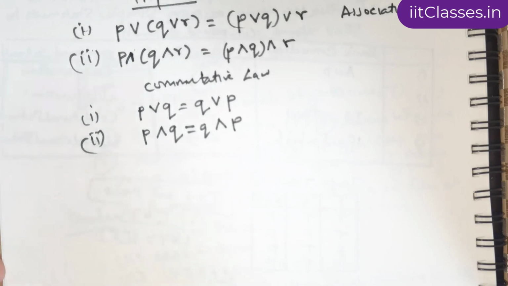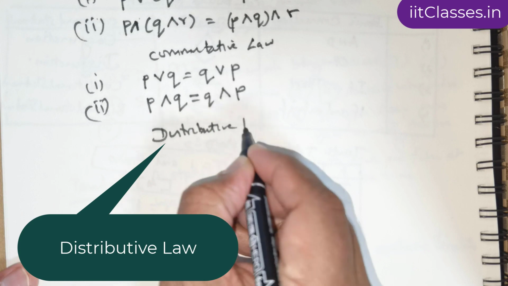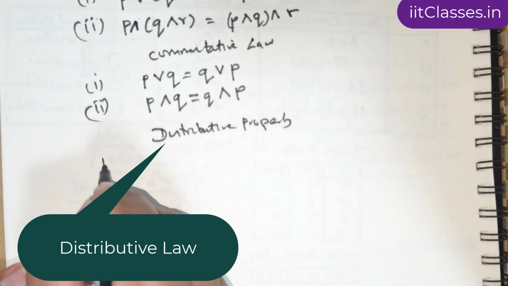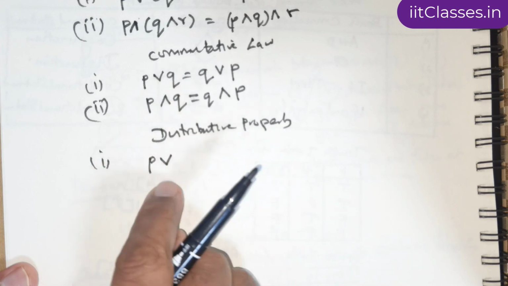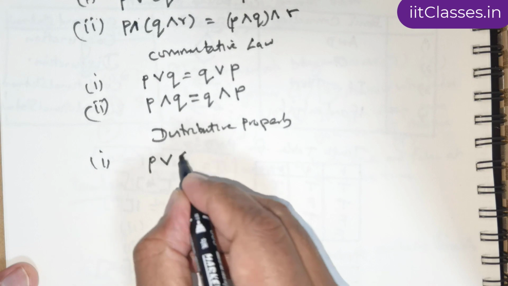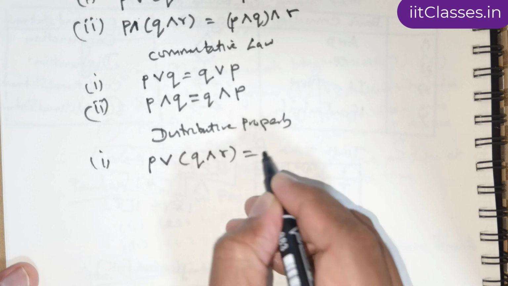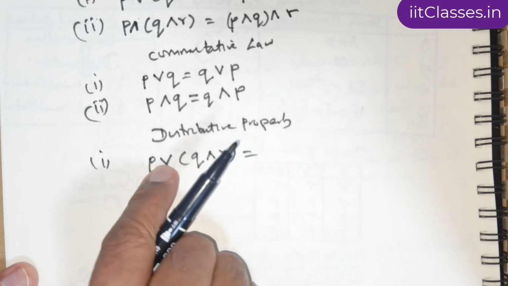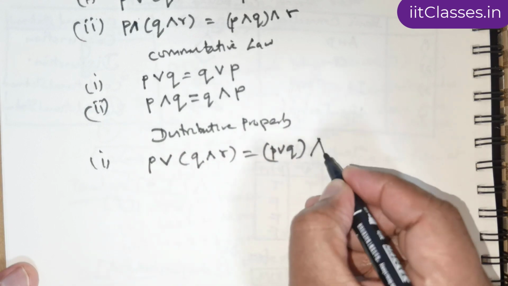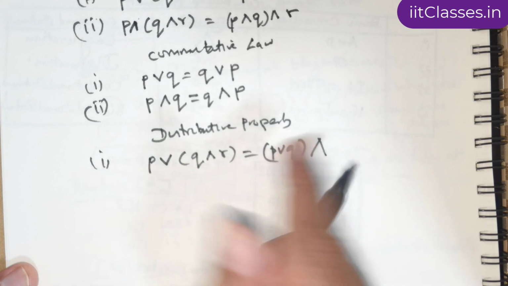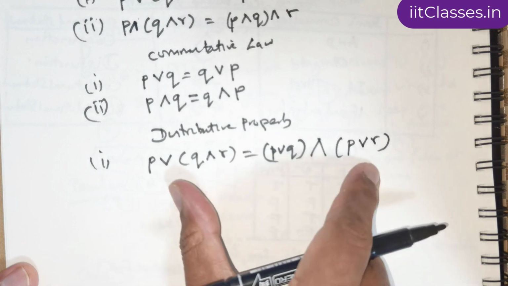Now let's move to the other law. Next is the distributive property. Number 1, P disjunction of Q conjunction R is equal to P disjunction Q, and in the middle there is going to be a conjunction, and then P disjunction R. Right?